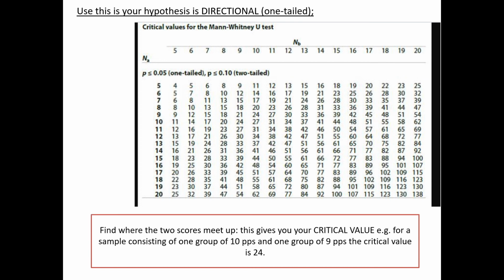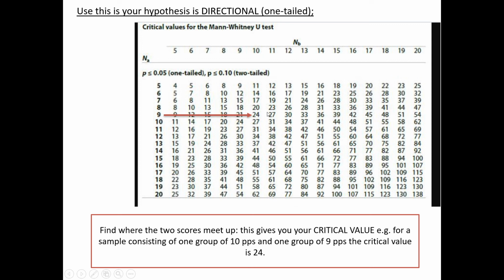We have got a couple of scores we're going to look at here. So we have a critical value of 24 for a sample that had 10 in one condition and 9 in the other condition. So you see there's number 10 there, and we go down until we hit there because that meets the number 9 for the other group.